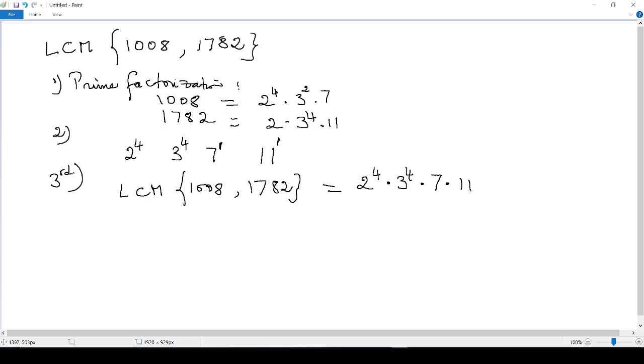And we can just leave it like this, or if we want, depending on how we are using it, we can compute it, and the number we will get is 99,792. That will be our final answer.